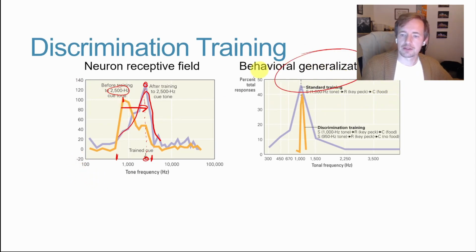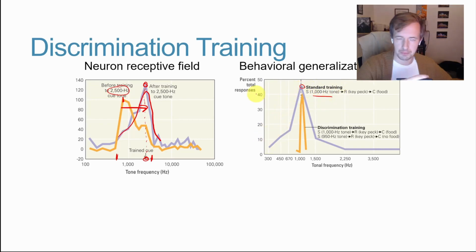Here, this is what it would look like if we were looking at behavioral generalization, if we were playing a specific sound during regular training. This is what we saw before, where we have this normal distribution. It goes up, then it goes down like this. Pretty standard.